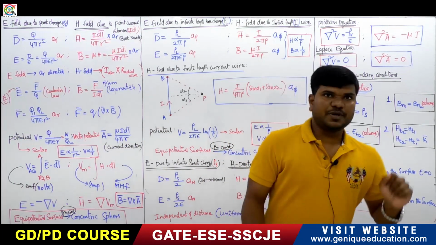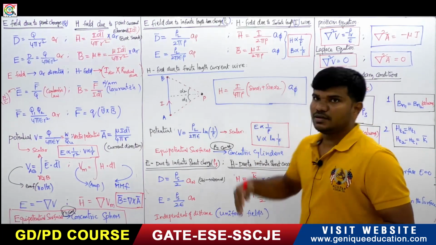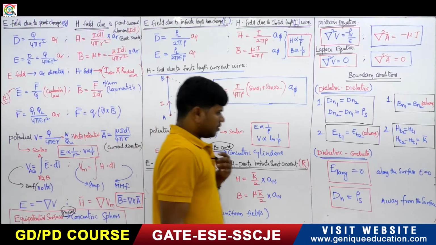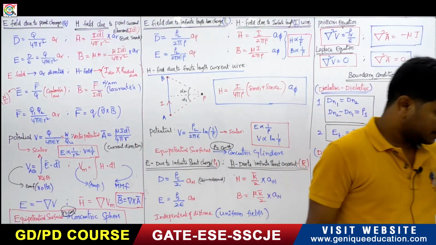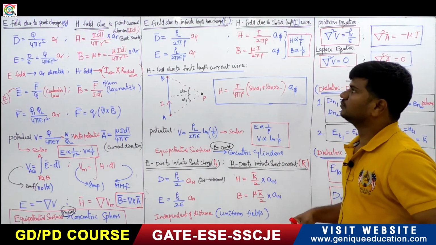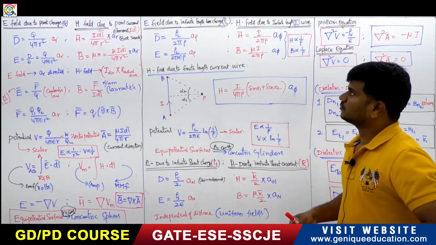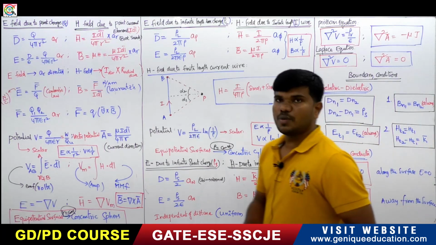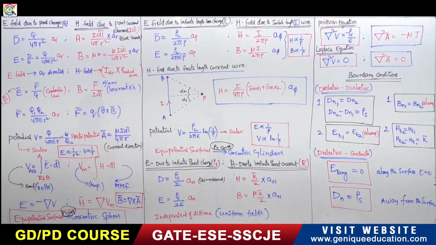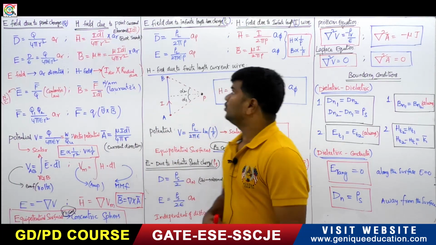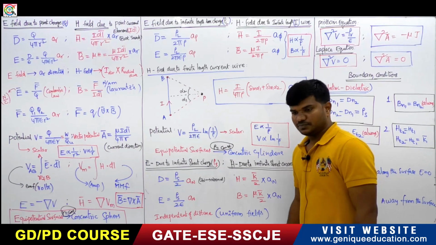In the previous slide we have seen how the... okay, so come to the next slide. See here, the electric field due to the point charge and the magnetic field due to the point current element.